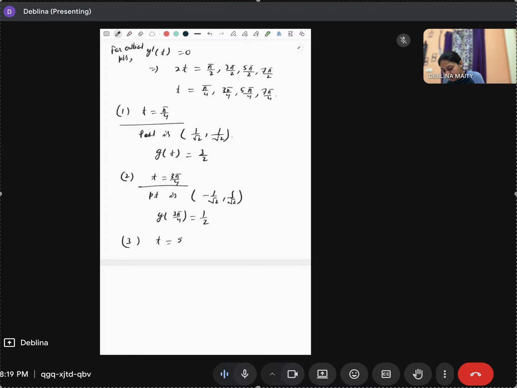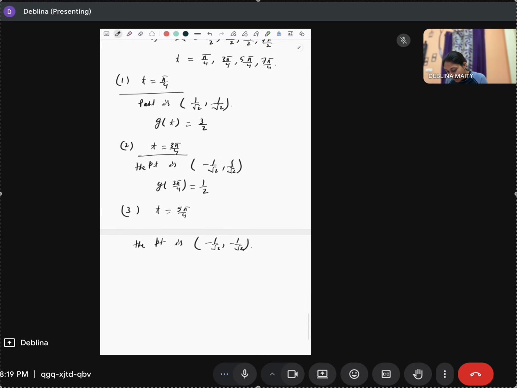And for 5 pi by 4, the point is (minus, minus), both of them are minus. The point is this one, and this value is 3 by 2. These are the extremal points in the boundary, right?